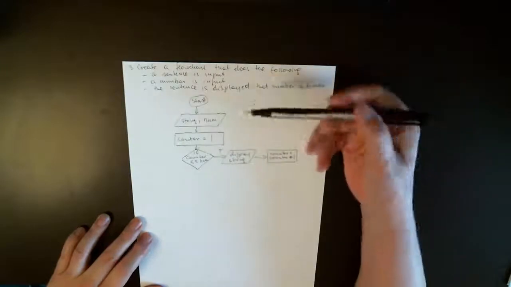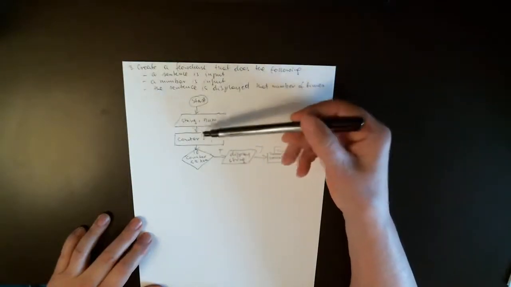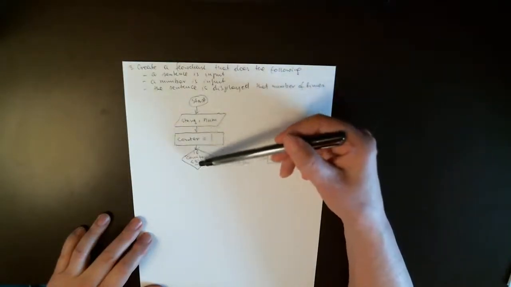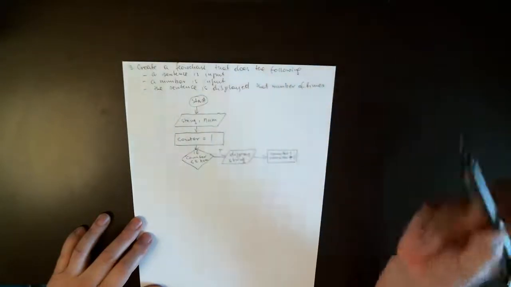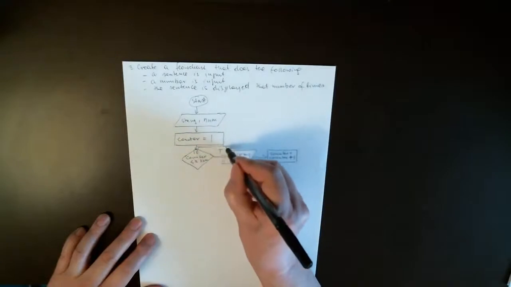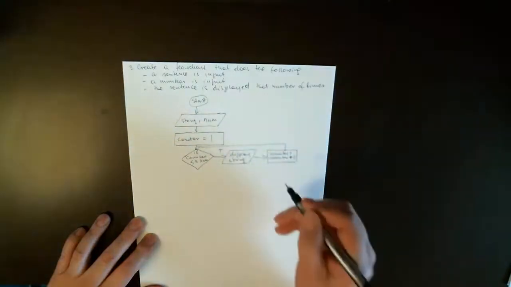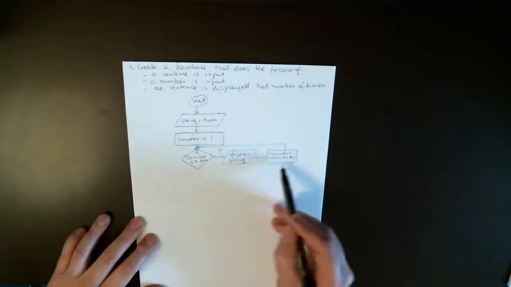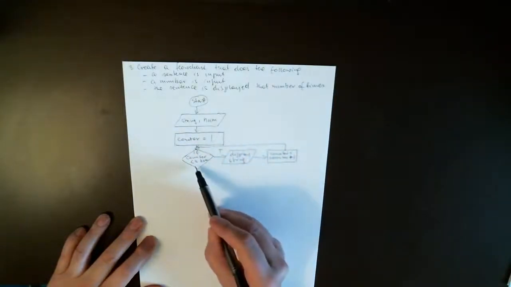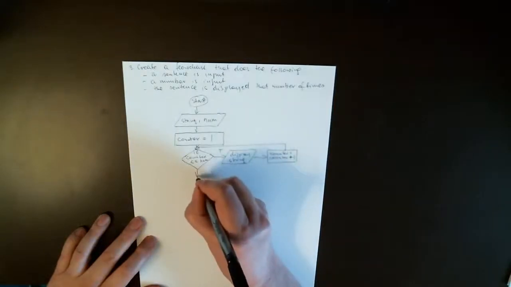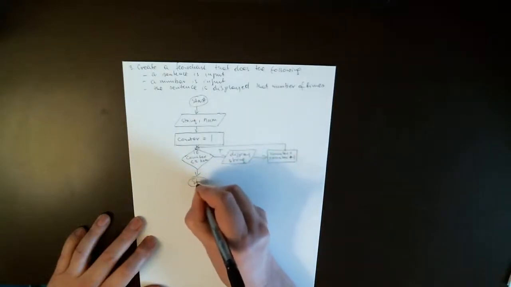All right, so the string and the number, the counter starts with 1. As long as the counter is less than or equal to the number, display the string and add 1. And how are we looping it? Look at the line right there and going back right here. So we'll be going till finally this question becomes false and it becomes stop.